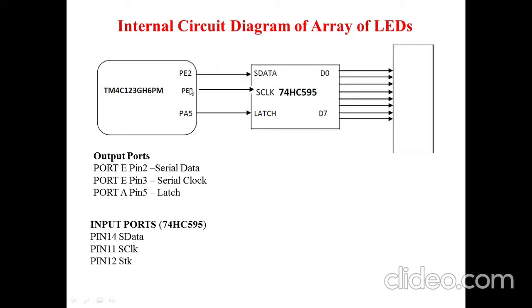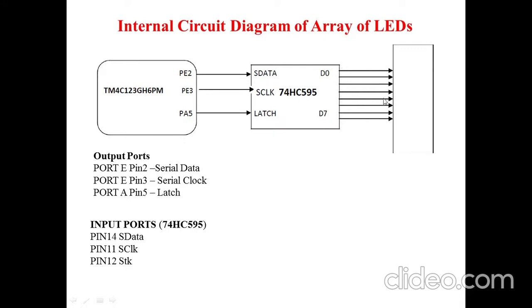So this is the internal circuit diagram showing how those LEDs are connected to the microcontroller pins. This 8-bit array of LEDs is connected to the microcontroller through a 3 to 8-bit decoder. The input pins of the decoder are serial data, serial clock and latch, and the outputs are D0 to D7.